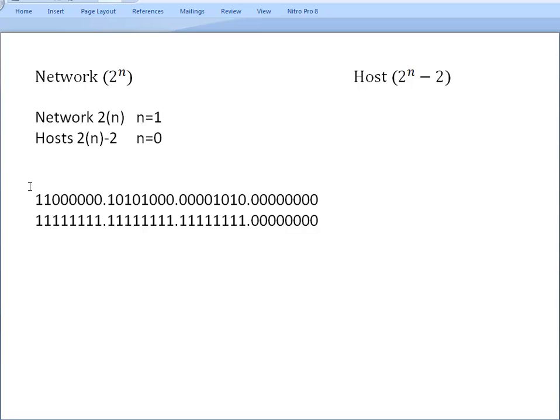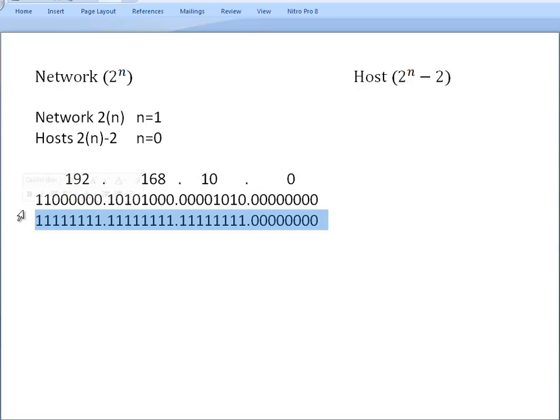If you don't, stop the video and start calculating. If you did that, it's 192.168.10.0. Now you are given this network ID, 192.168.10.0, with this subnet mask.